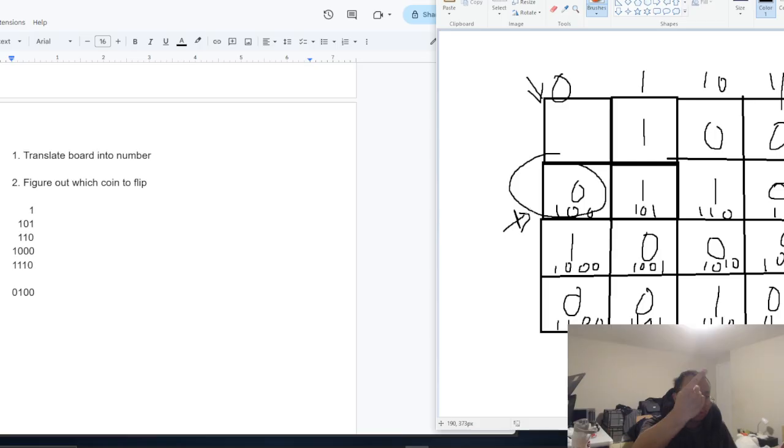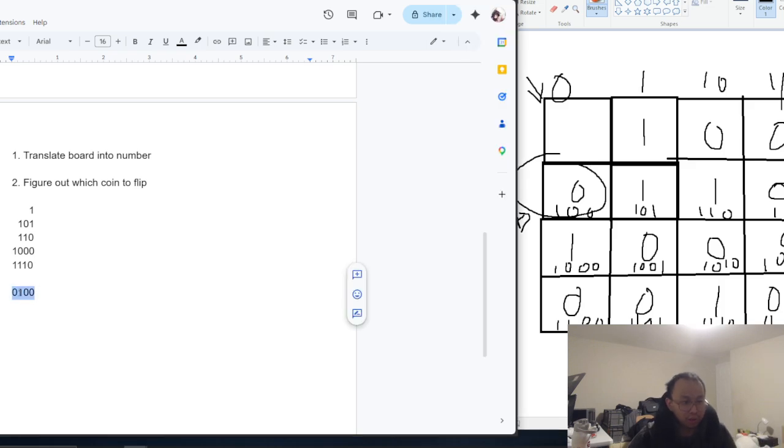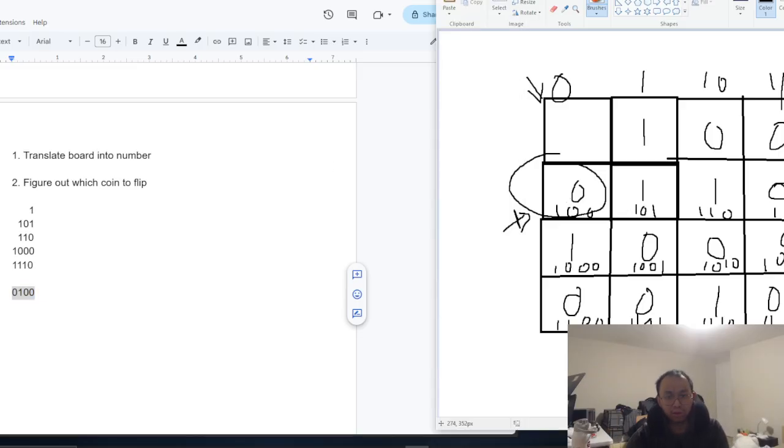If it gives you 1, then you're going to flip the number that the board currently represents, because you're going to flip all of the bits. If the board currently reads 100, you're going to flip 100 and turn it into 000 by flipping the same coin, right? You have 5, you want 1, you flip 5. 5 is gone, you have 000.